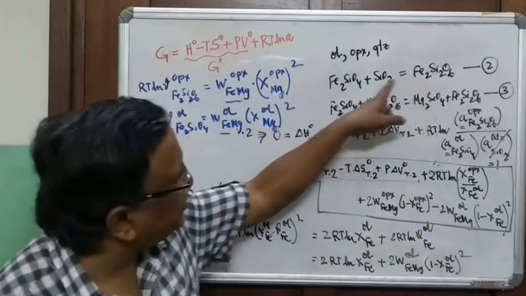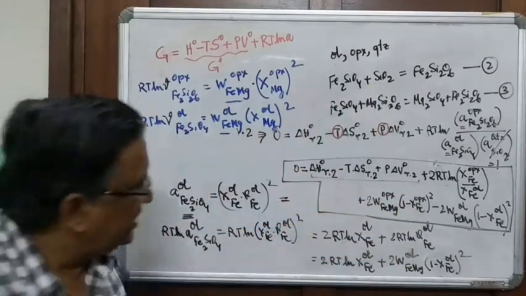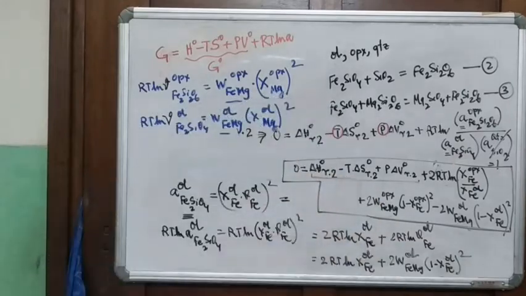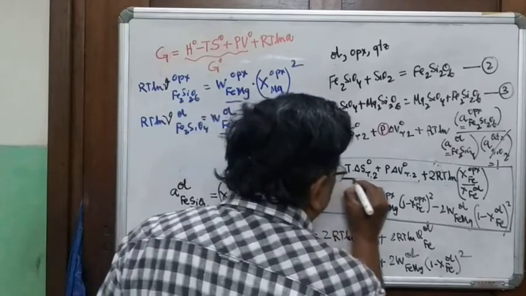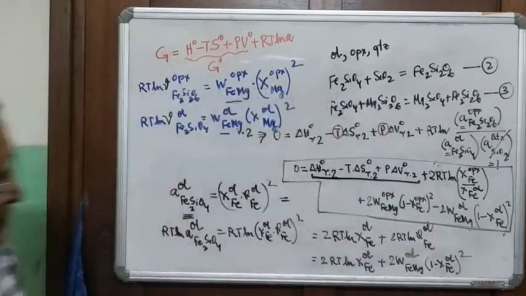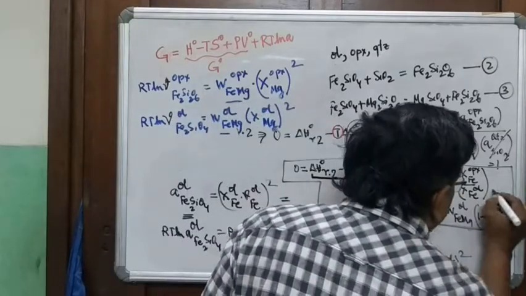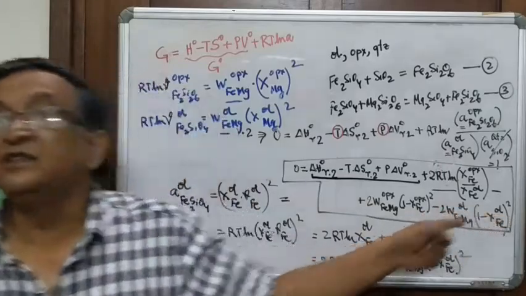That means if these were all pure, then this would be the part. If it is only ideal, this would be the part. And the non-ideality is this part.